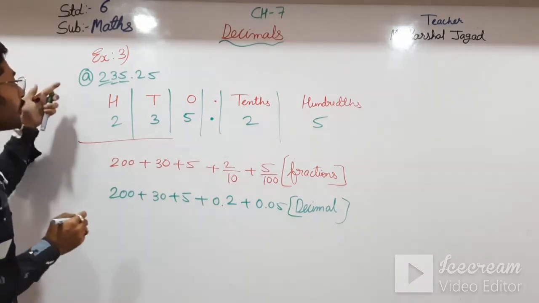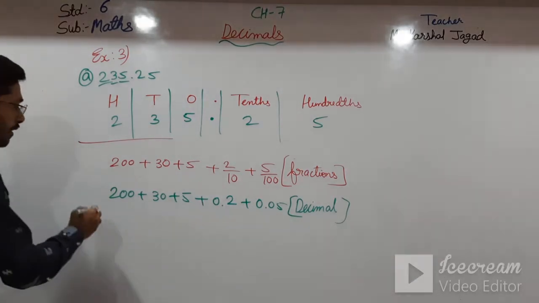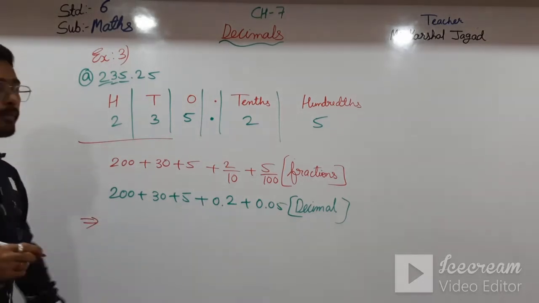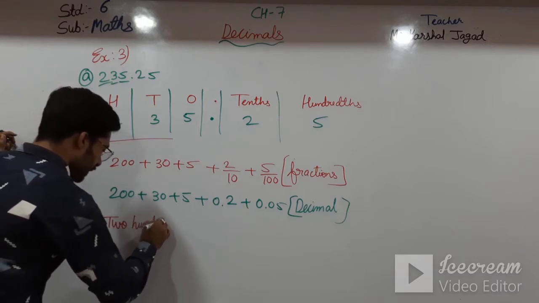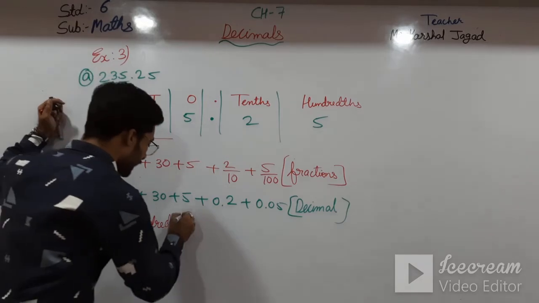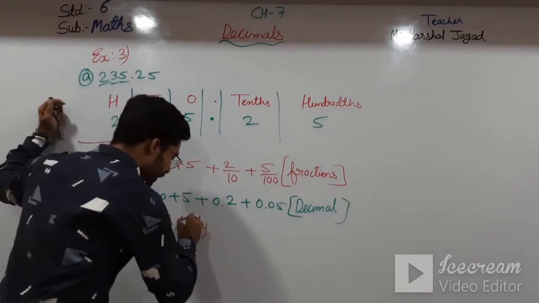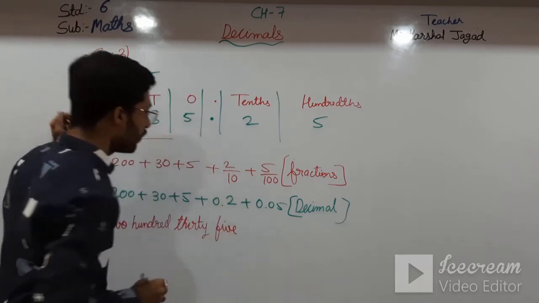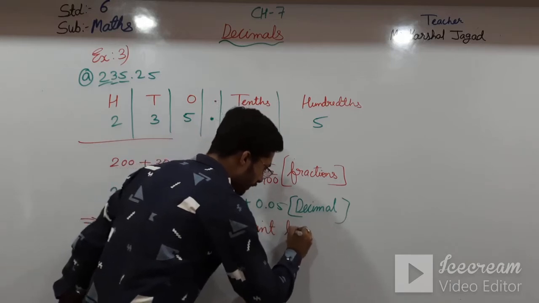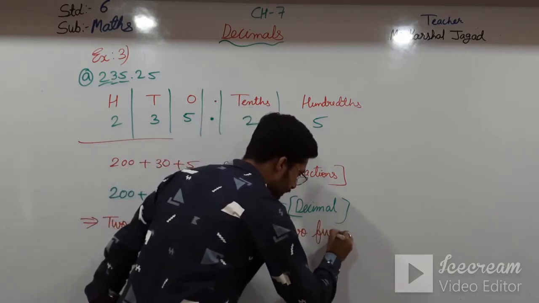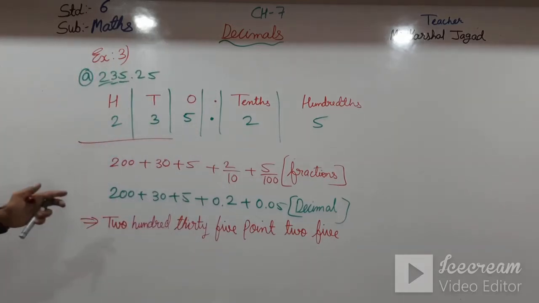First of all, writing this in the form of words: 235 point 25. Okay students, now also write them as mixed fraction.